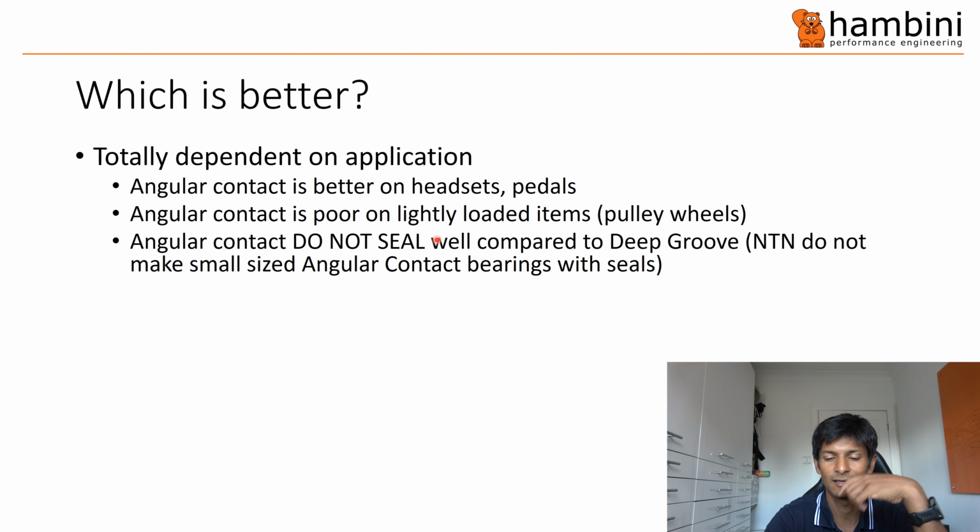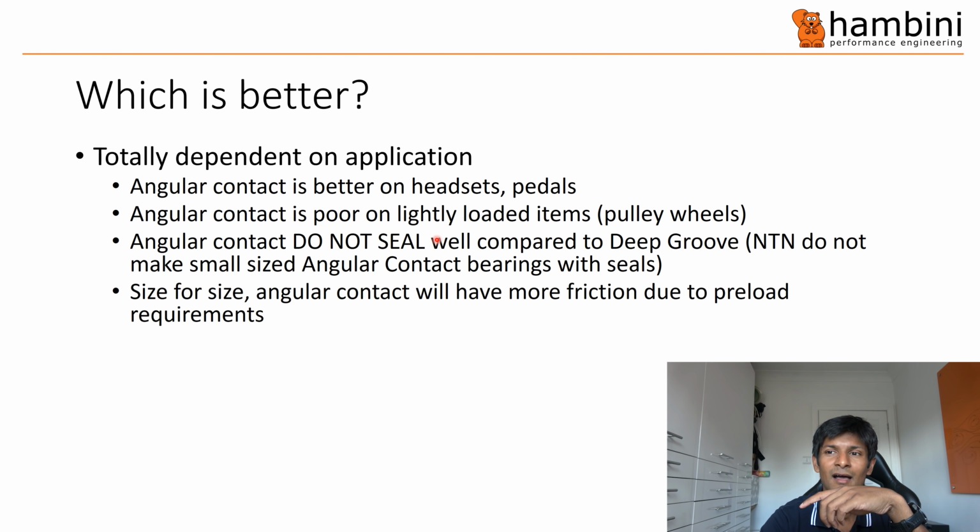I don't think FAG do, and I don't think SKF do, but I didn't ask them. And then size for size, an angular contact bearing will have more friction because of this contact angle and the preload requirements. To overcome the contact angle, you'll get more friction in there.